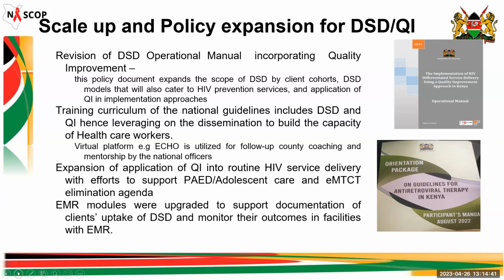We've expanded the scope and the cohort for client cohorts. Initially, when we were doing DSD, it was just among the adult clients. Right now, the policy document allows for other subpopulations that would benefit from different models for DSD that also allow them to get better service delivery and client outcomes.